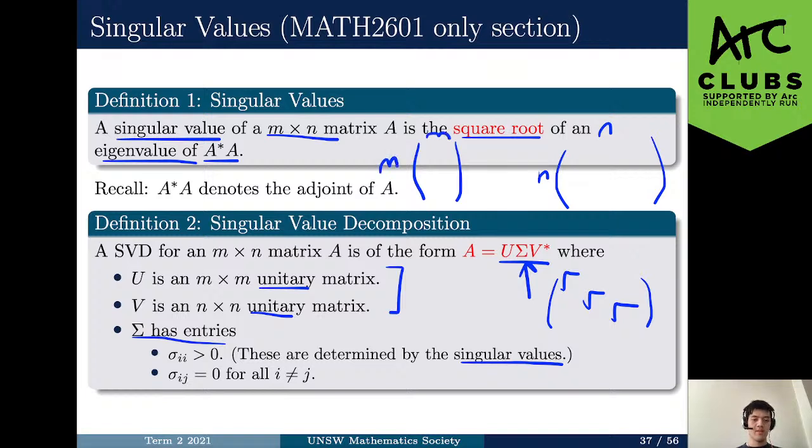And then finally, sigma should be m by n, because matrix multiplication has to work. So this is the size of sigma. The diagonal entries starting from the top left and going downwards should have values equal to the square roots of the eigenvalues, and everything else should be 0.